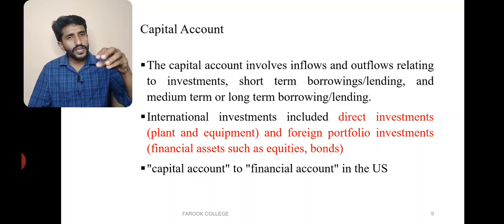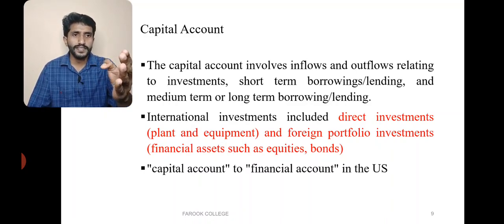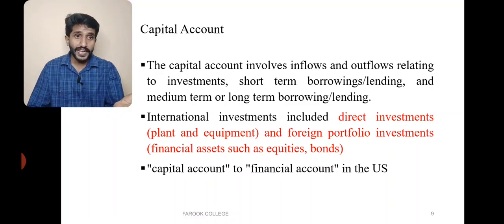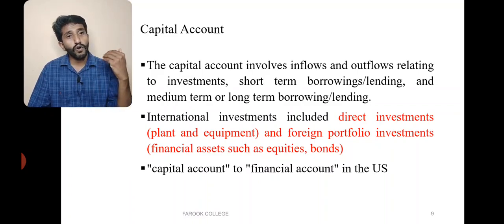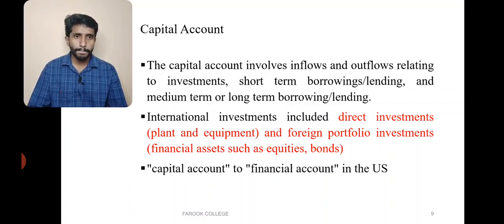So when we are talking about capital inflow and outflow, it might be direct investment, like in plant and equipment, or it might be portfolio investment. Portfolio investment means investment in assets like equities and bonds. We will be dealing with FDI and FII, or FPI, in detail.